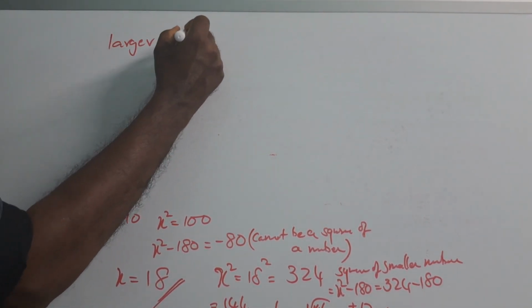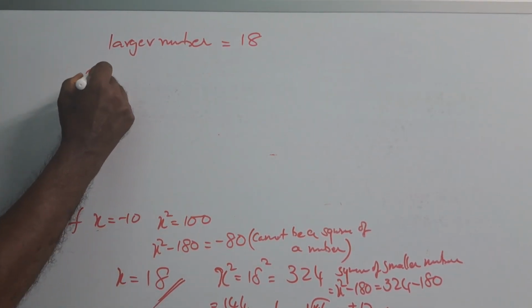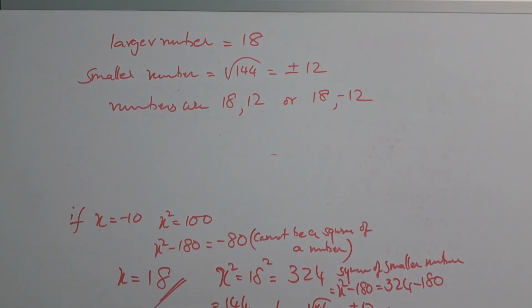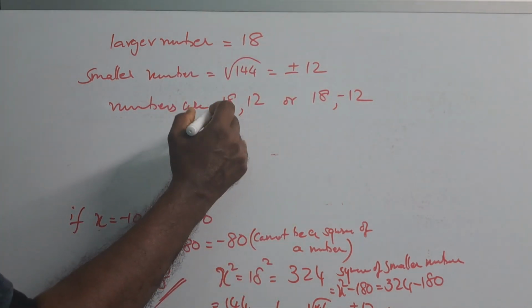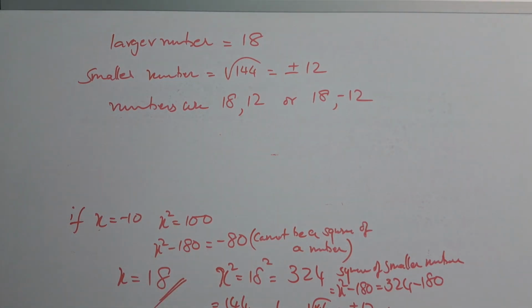Larger number equals 18, the smaller number is root of 144, which is plus or minus 12. The numbers are 18 and 12 or 18 and minus 12.